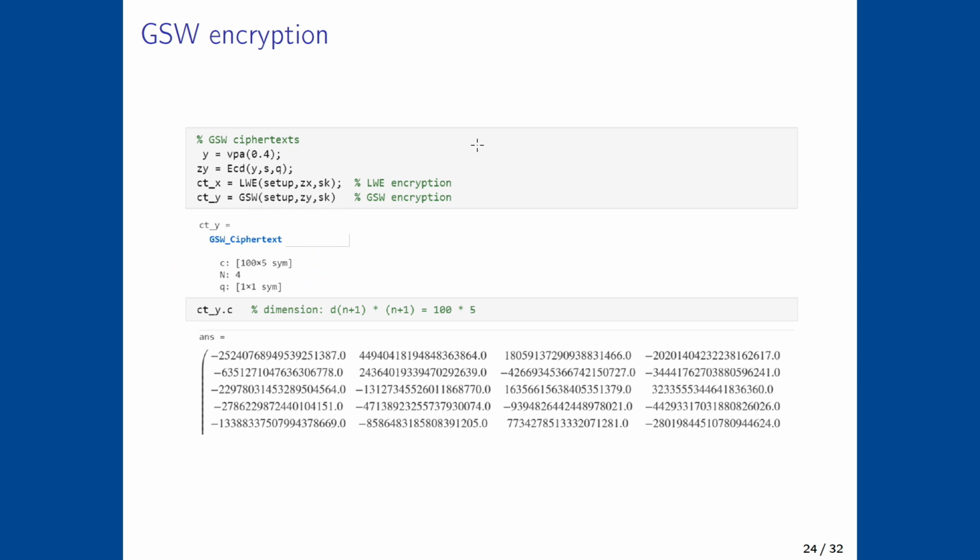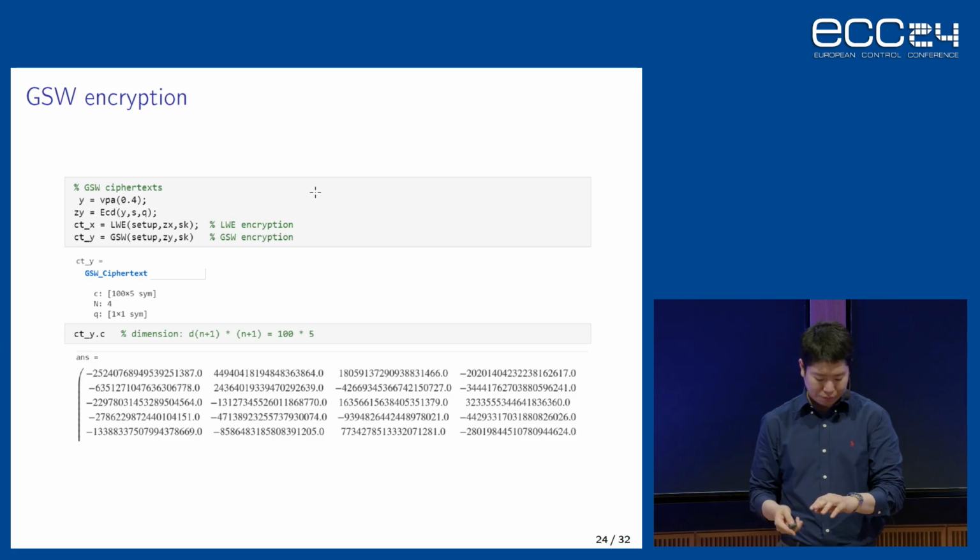In this example, n was equal to 4, so that n plus 1 is equal to 5. And here, the decomposition parameter is chosen as 20, so that after the encryption, a scalar variable turns into a matrix having 100 rows and 5 columns, so that it results in this large size matrix consisting of large numbers, which is encrypted.